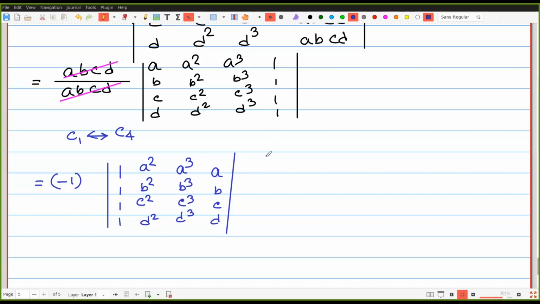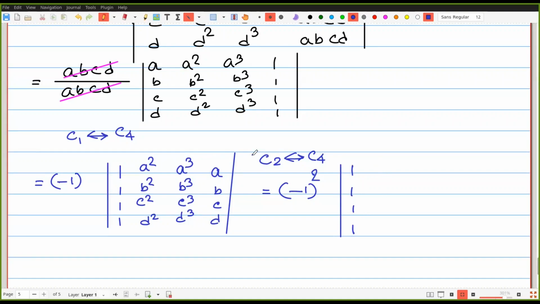At that moment, we are interchanging column 2 with column 4. Okay. Once again, as column 2 and column 4 have been changed, so another minus 1. So that is becoming minus 1 whole square. Now what is now? Column 1 is same.